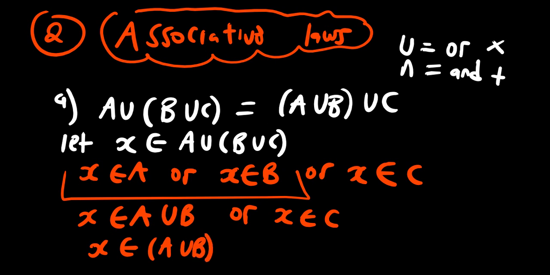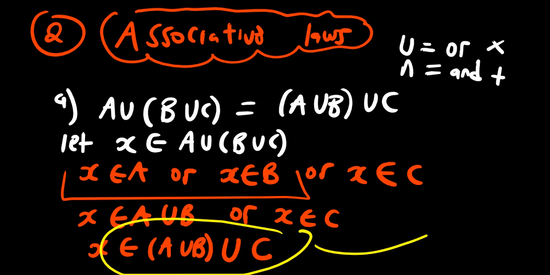Then you're just remaining with this or and your C. The or is just the same as union, then C. So now you are able to see that this answer that we found is just the same as our right hand side. Therefore, we've proven the associative law.